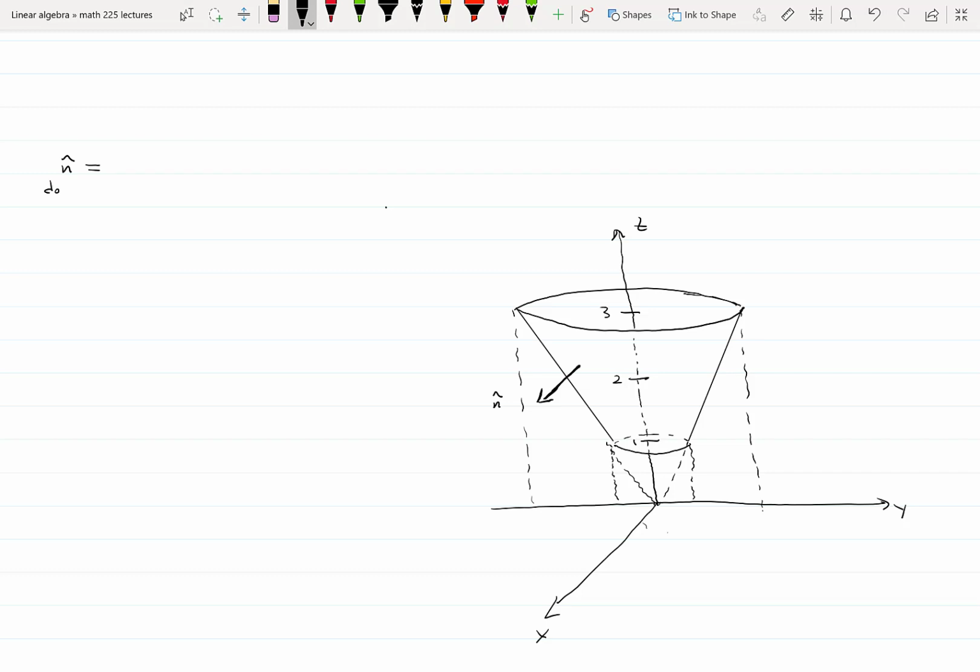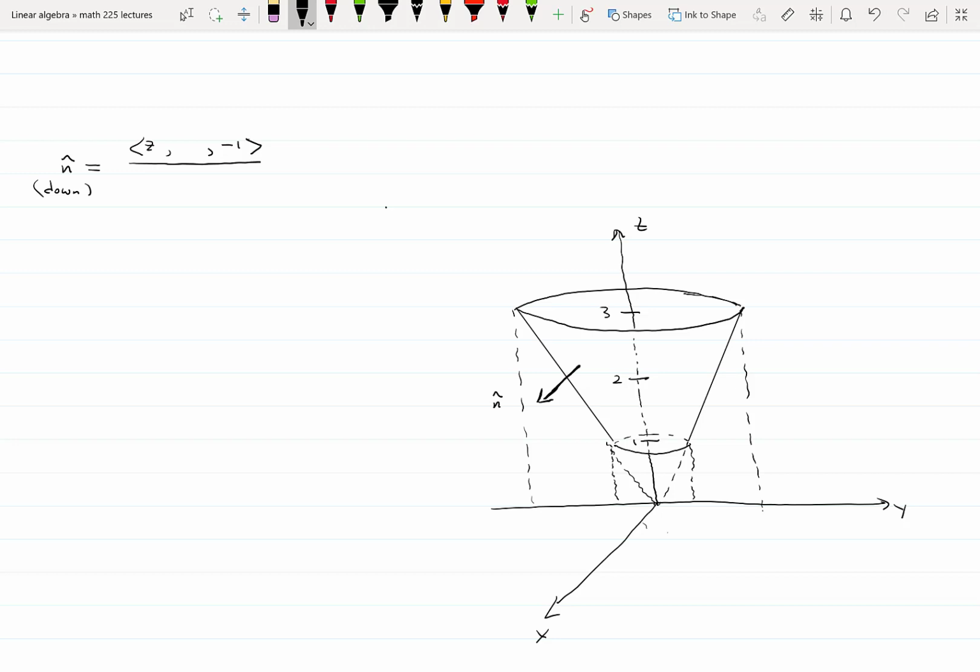Okay, and now we're looking for a downward orientation, so n is going to equal, well, if it's going to have a downward orientation, it's going to have a z component of negative 1.